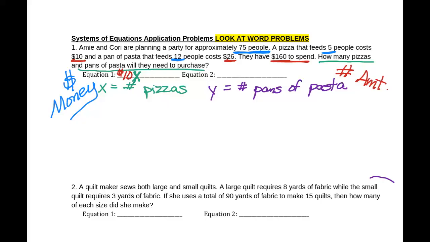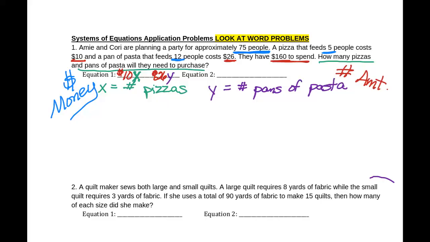We also have pans of pasta that cost $26. And we don't know exactly how many pans of pasta, but we've got a variable for that. And that variable is Y. So for each pan of pasta, it costs $26. So for Y number of pans, it's going to be 26 times Y.